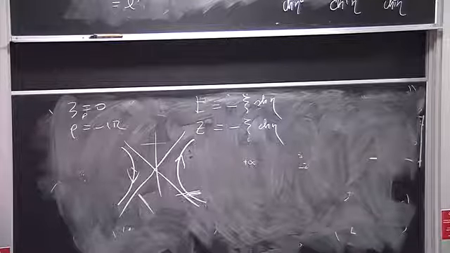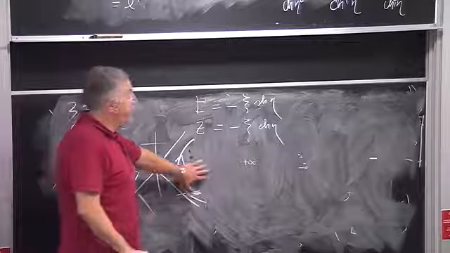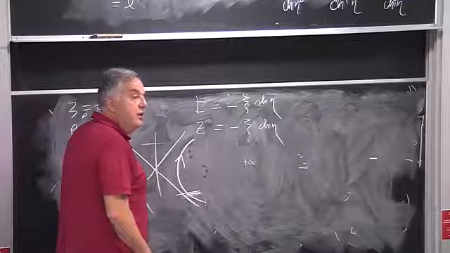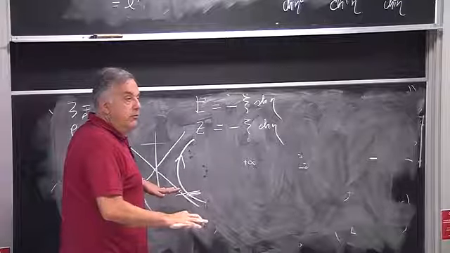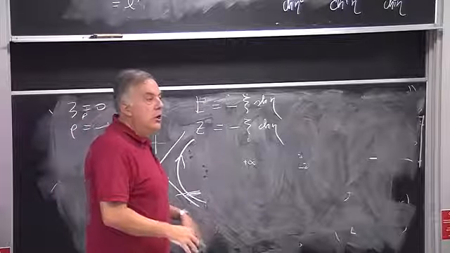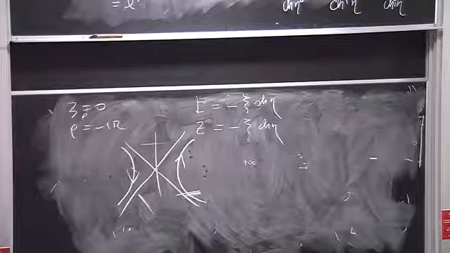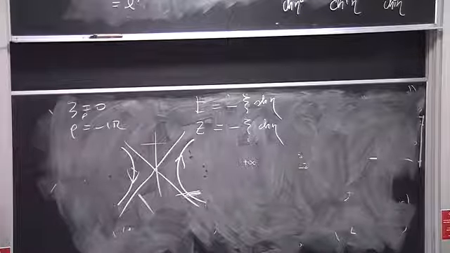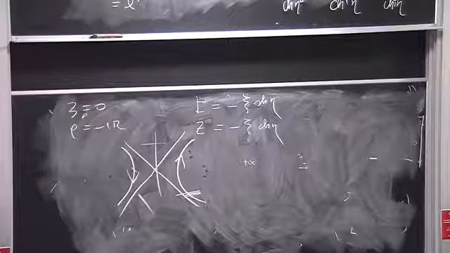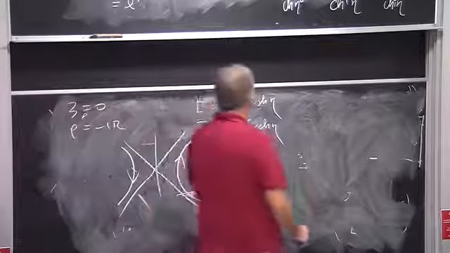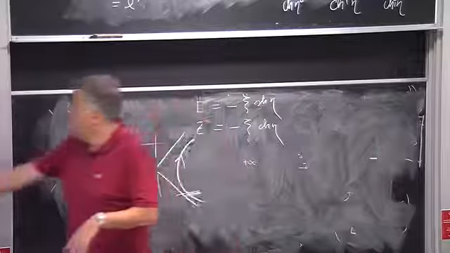So what is positive frequency in the right wedge will be negative frequency in the left wedge. This is the source of the Unruh effect. Okay? So we need to write here the analogous formula of this.